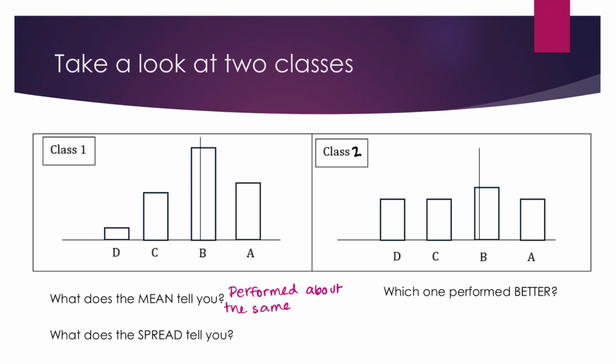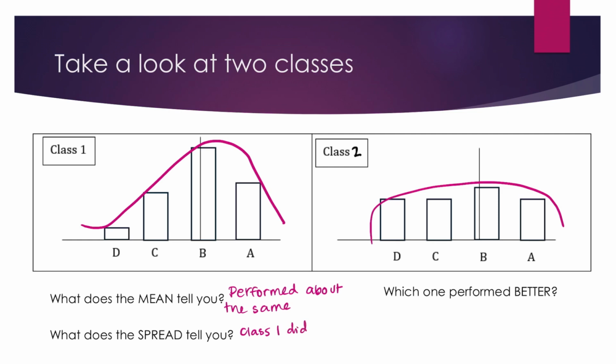If we look at class 1, I'm actually going to draw this little curve on the top here. In class 1, all the data is really centered around the B, and we would call this unimodal. That tells us class 1 had more students around the center.